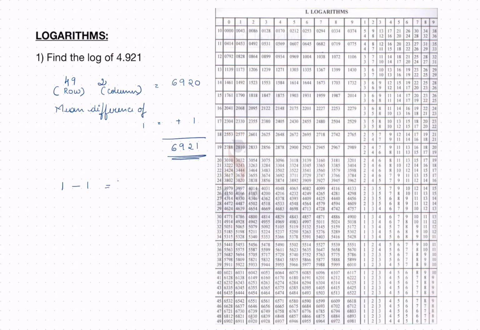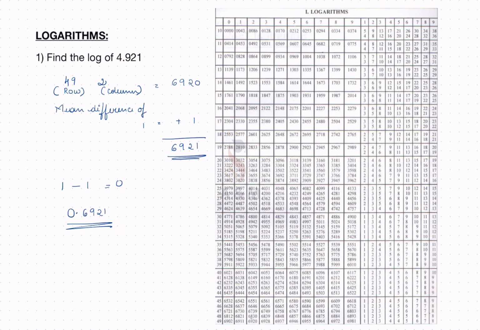So it is 0, correct? Therefore, at the beginning, you have to add 0 point, that is 0.6921. Therefore, the log of 4.921 is 0.6921.